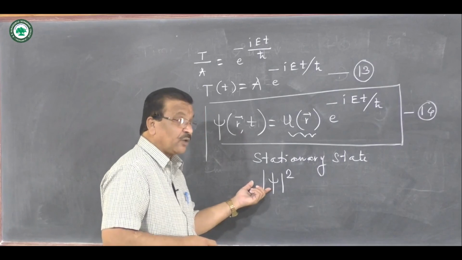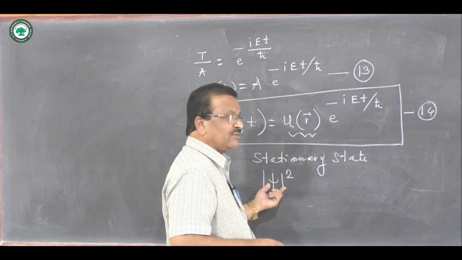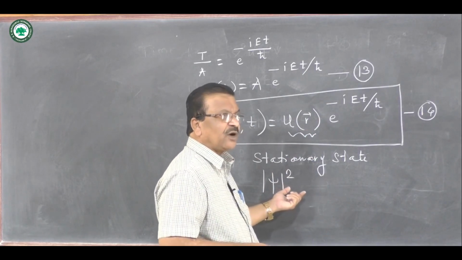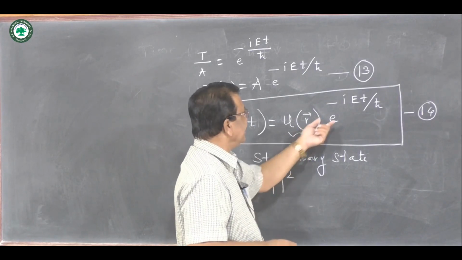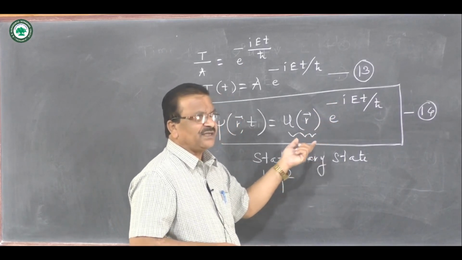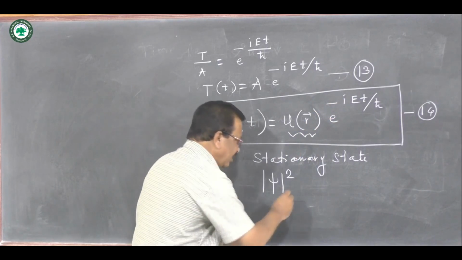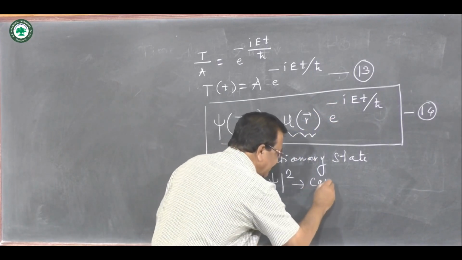And it has to be constant because, while taking mod psi square, which is the product of psi and psi star, e raised to minus iEt by h cross will get cancelled with e raised to plus iEt by h cross, and you will get mod psi square as a constant in time.